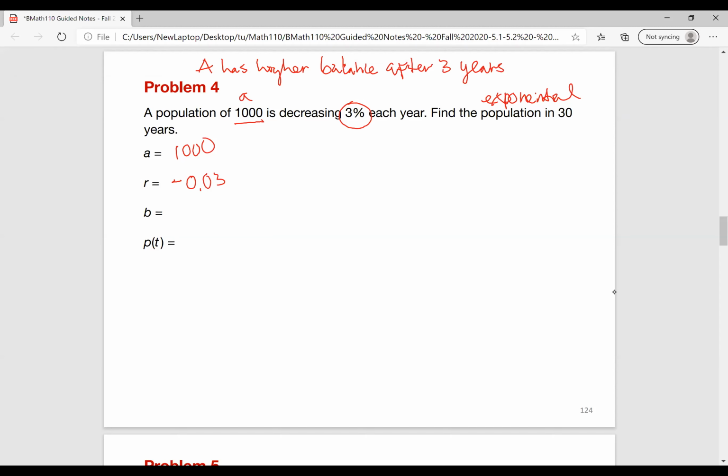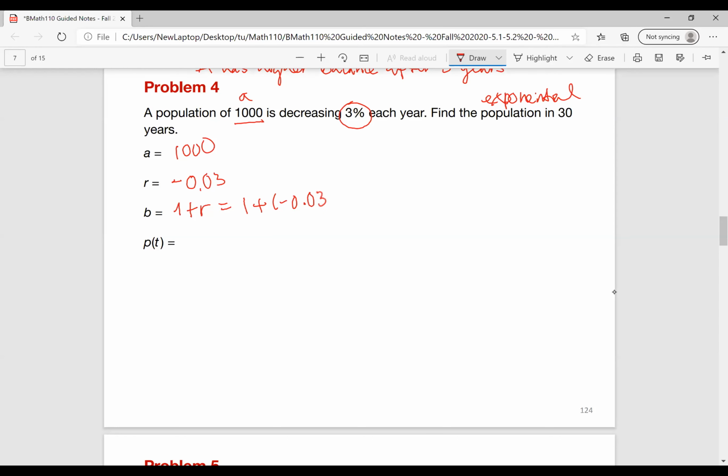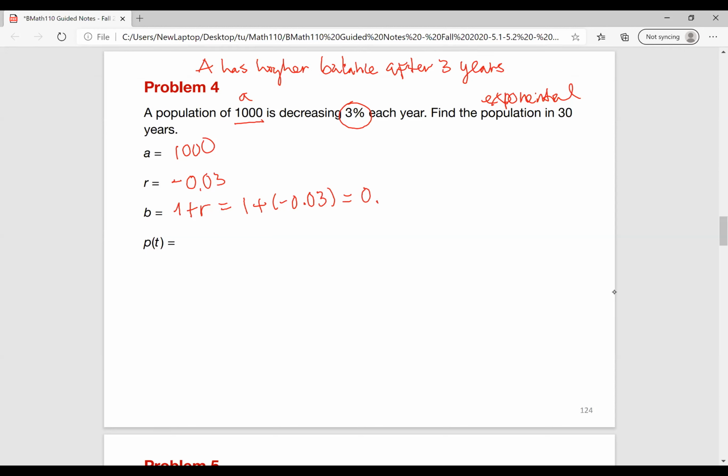So in order to find B, you just follow the formula 1 plus R, which equals 1 plus negative 0.03, and you will have 0.97. Make sure, 1 minus 0.03 is 0.97. So B is going to be equal to 0.97.